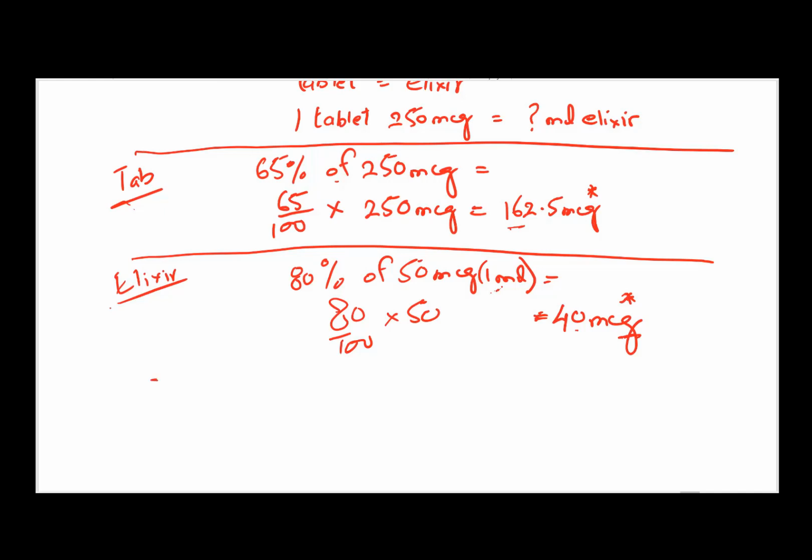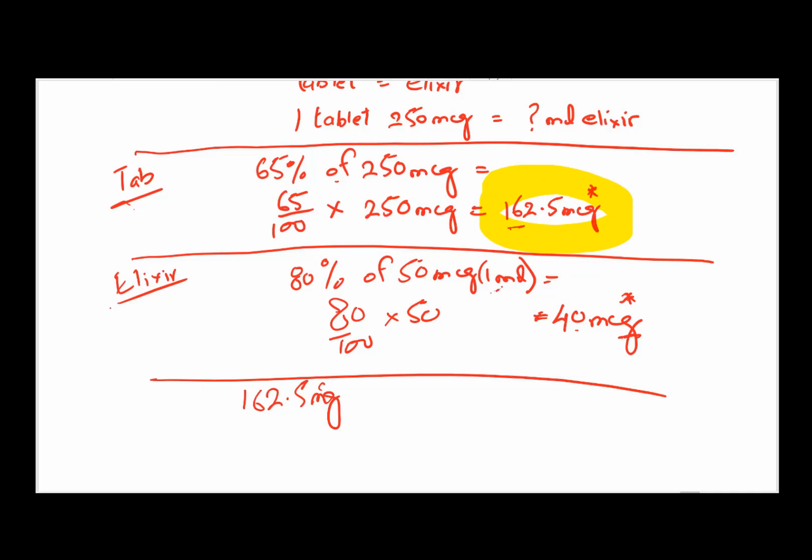Yes. But I need 162.5 mcg from here, right? Okay? So agree with me? So how many milliliters of elixir should I give which should provide this? Because this is coming from the tablet.